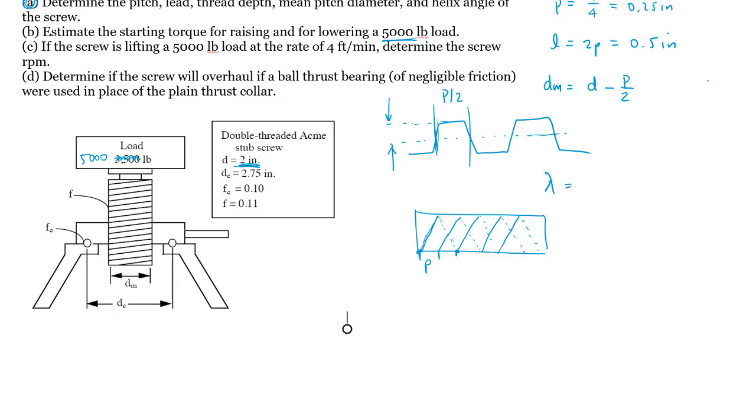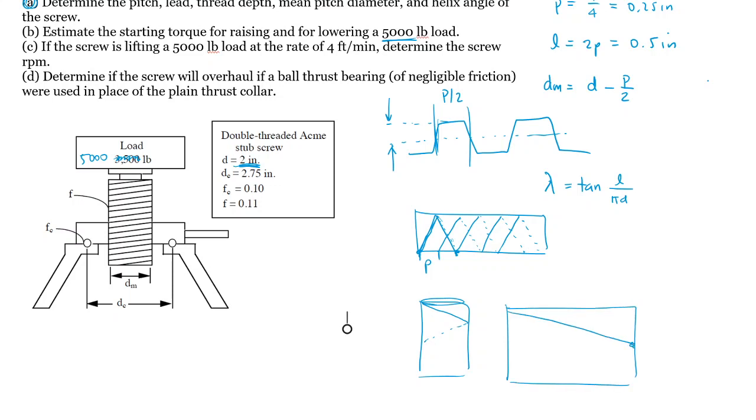Be the lambda, so tangent of the lead, so the 2 pitches here, lead over pi d. Okay, so if I open this cylinder, thread in the front, thread in the back, and I open this cylinder as a flat piece of paper, what you would see is that it goes down a lead when it advances a circumference.